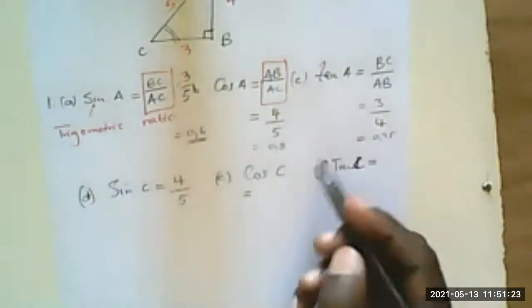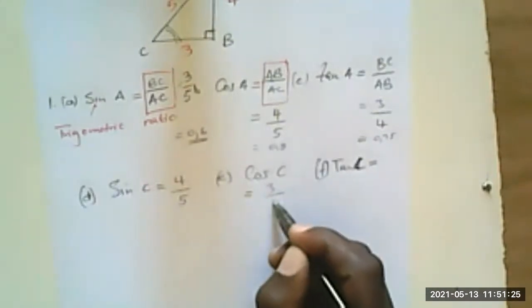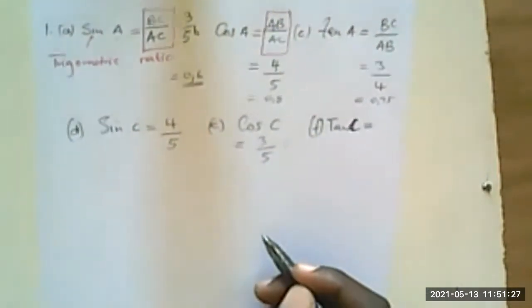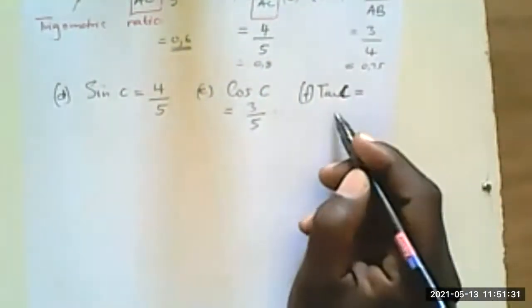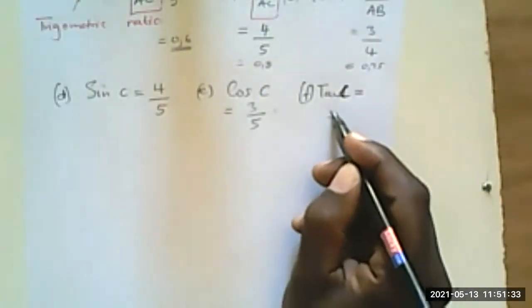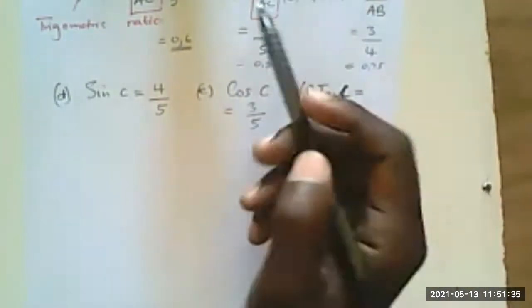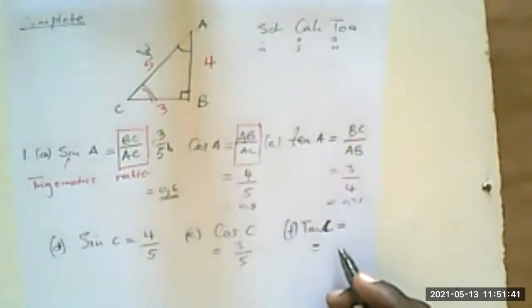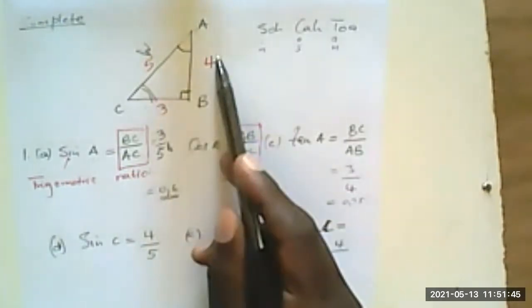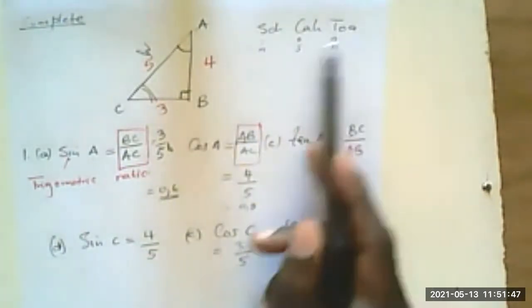Adjacent is 3 over 5, the hypotenuse. And then the tangent of C is opposite over adjacent. Opposite is 4, over adjacent, which is 3.